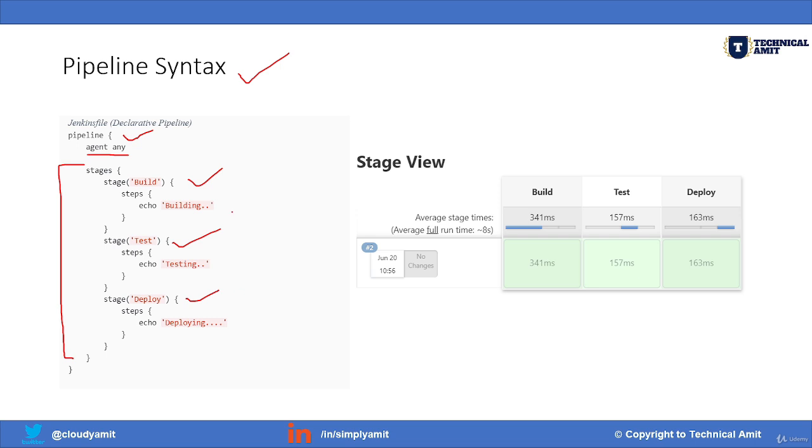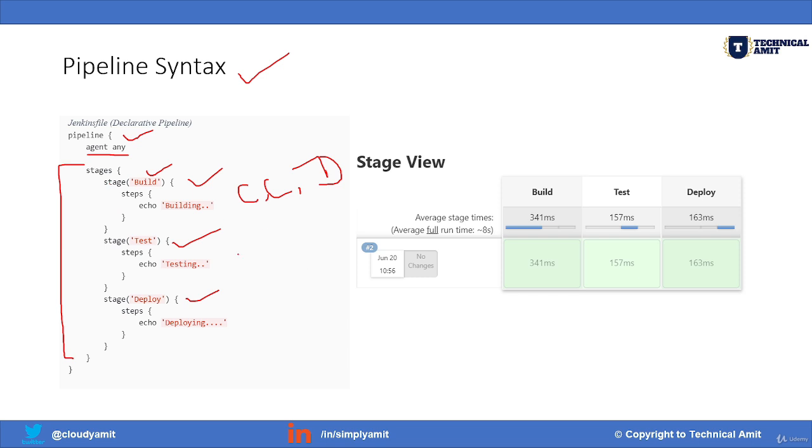Suppose we want to connect with our Salesforce environment, then create a scratch org, then deploy the changes to that scratch org. Those will be the steps under a single stage. We'll say, create scratch org. That kind of steps we are going to have.